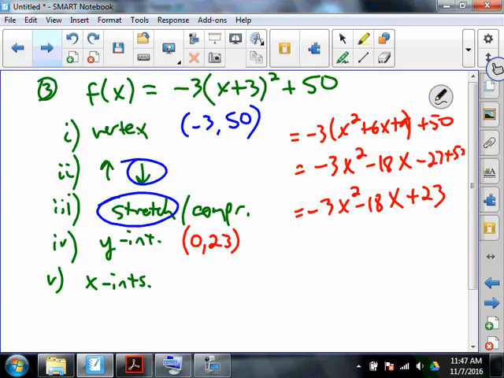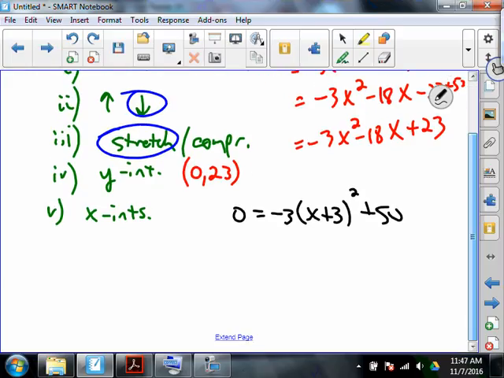X-intercepts are the values of x whenever y equals 0. So you'd let 0 equal negative 3 times the quantity x plus 3, the quantity squared, plus 50. And then you would solve that equation. Now, keep in mind, this is a no calculator test. So we would have negative 50 equals negative 3 times the quantity x plus 3 squared.